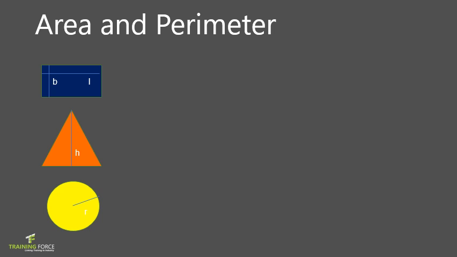All right, so if we look at a square or a rectangle for that matter, the calculation is the same. We look at the formulas as follows. It's the length times the breadth. So we take the breadth multiplied by the length and we get our answer. And then for a triangle, it's a little bit different. We take half the breadth multiplied by the height.